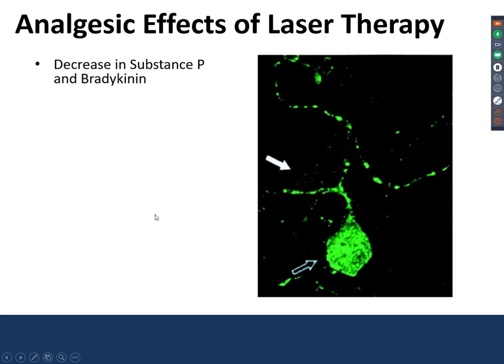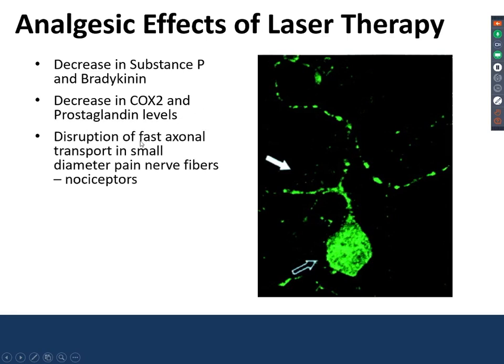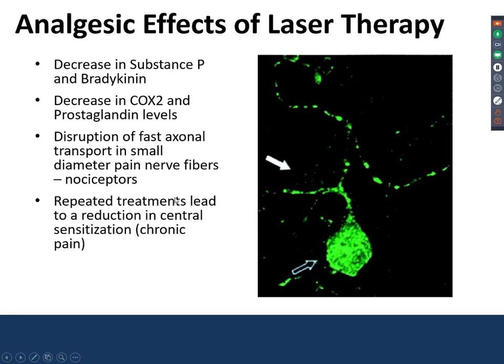Other ways that it can help with pain relief is decreasing things like substance P, bradykinin. I talked about prostaglandin levels as well too. And what's really fascinating is it can disrupt the flow of fast axonal transport in pain nerve fibers like C fibers and beta fibers as well.